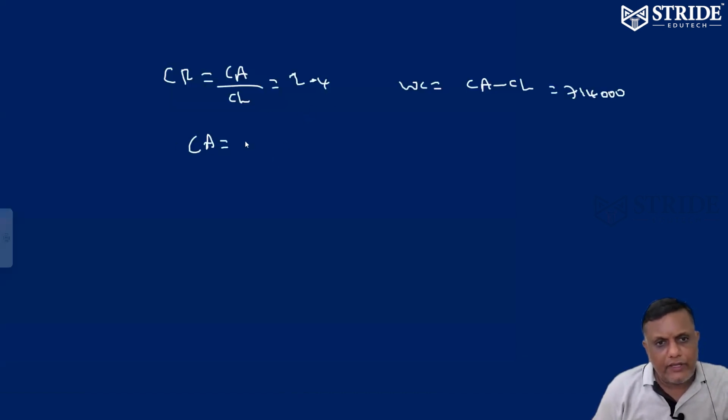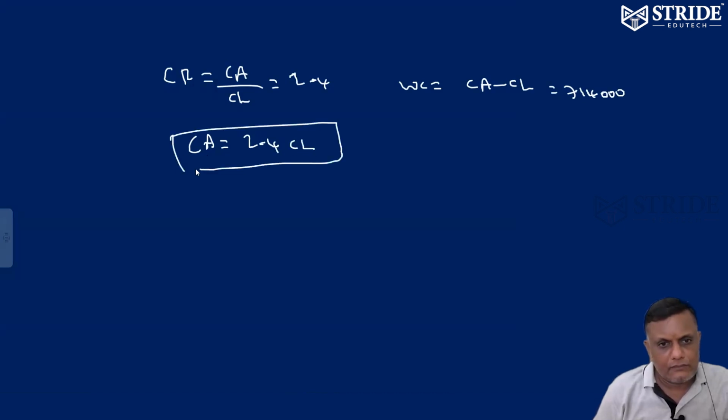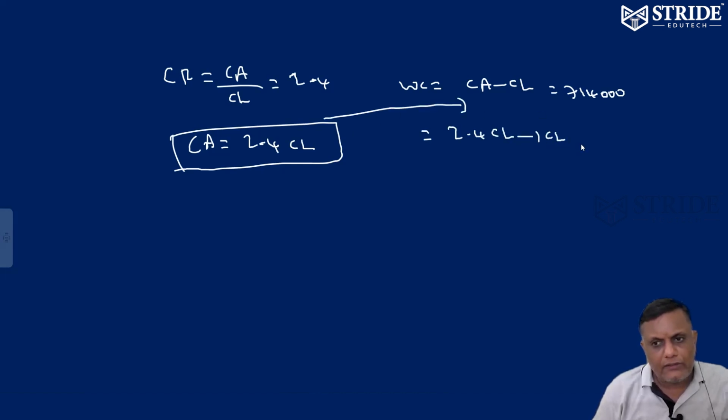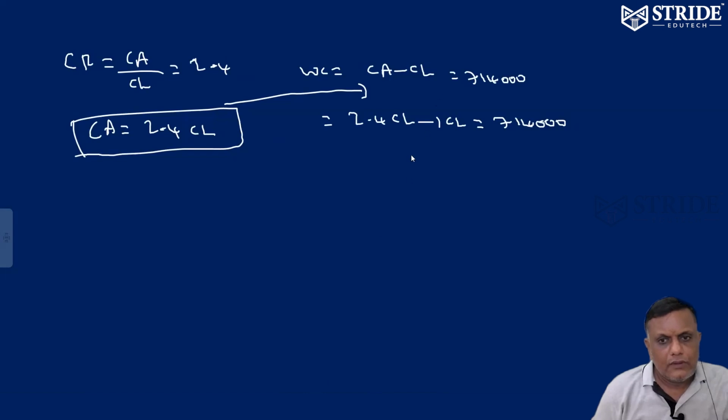So current asset is equivalent to 2.4 times the current liability. Here current asset is 2.4 CL minus 1 CL, that is equivalent to 7,14,000. 2.4 CL minus 1 CL is 1.4 CL, equivalent to 7,14,000.